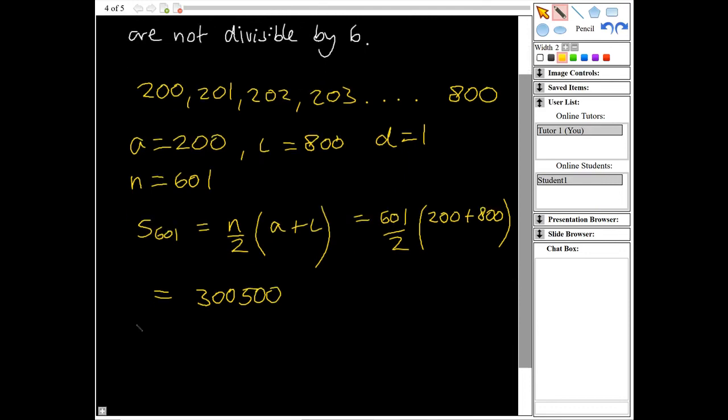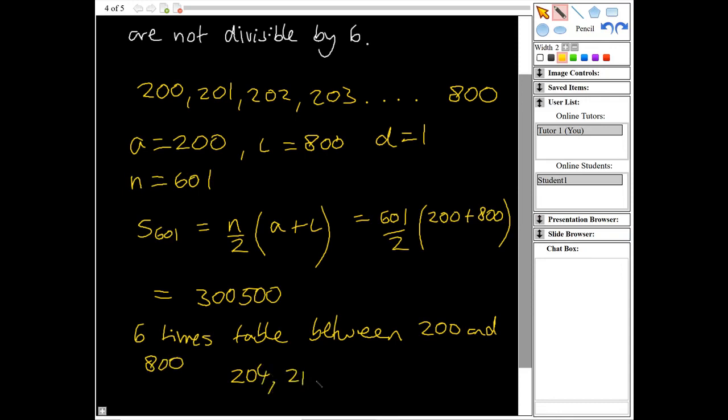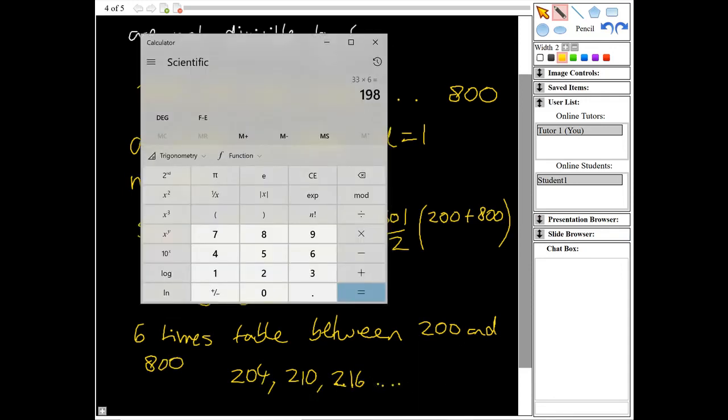So the 6 times table between 200 and 800 is going to start with 204, then it's going to go 210, then 216, and so on, up to, and then what is 800? So 800 divided by 6 is 133, so 133 times 6 is 798.